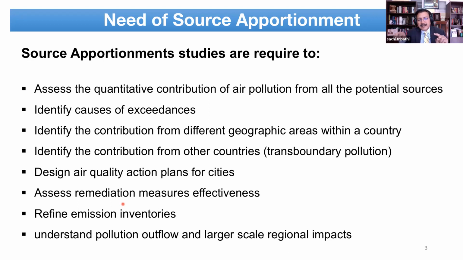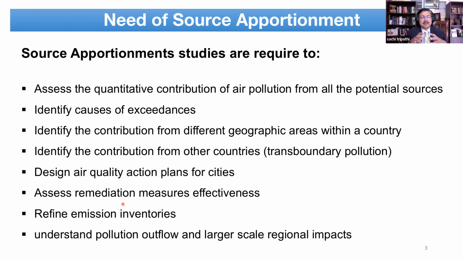So if you have that information at the receptor, and if you are getting similar information using models which rely on the emission inventory, you could compare the two and try to minimize the errors in the emission inventory. Okay.